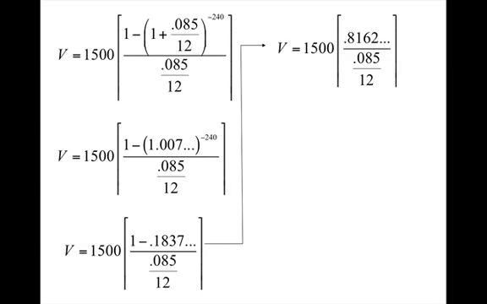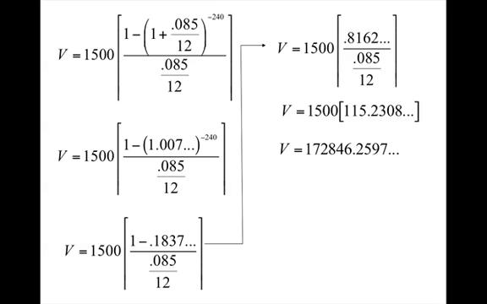Then divide that by the 0.085 divided by 12, and remember you have to put that one in a parenthesis. And when we did that, we got 115.23, and that decimal continued on. And then finally multiply that by the 1,500, and that gave us 172,846.2597.